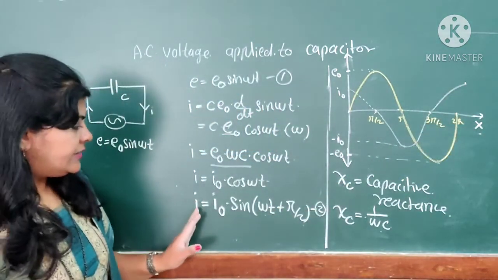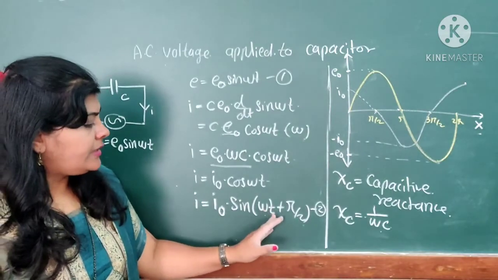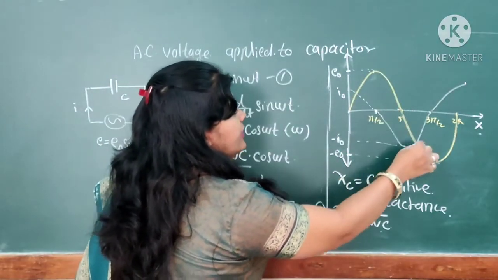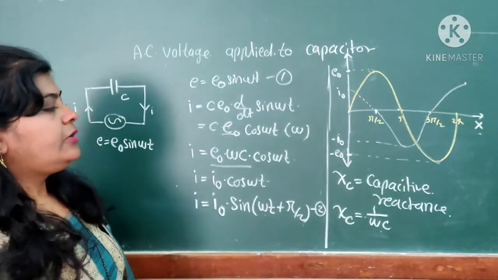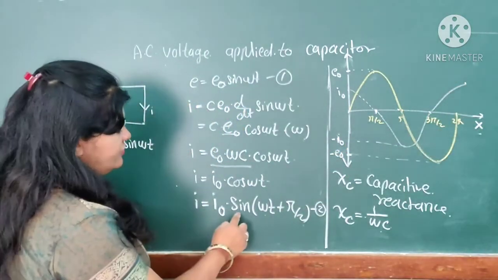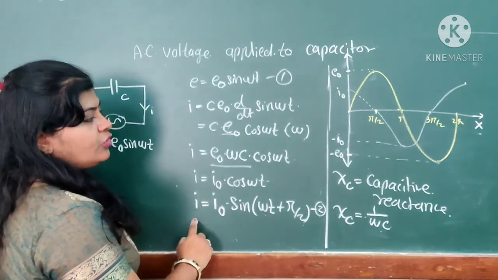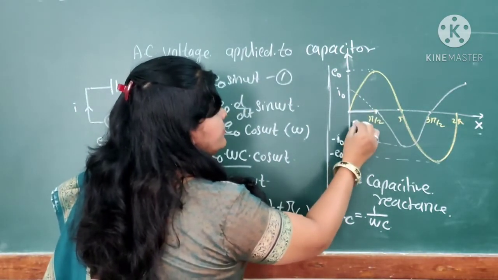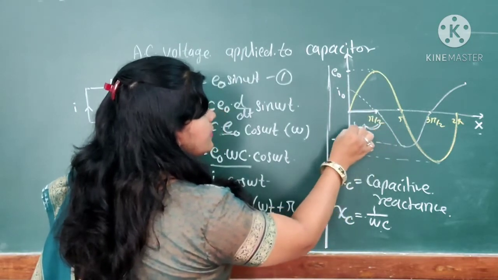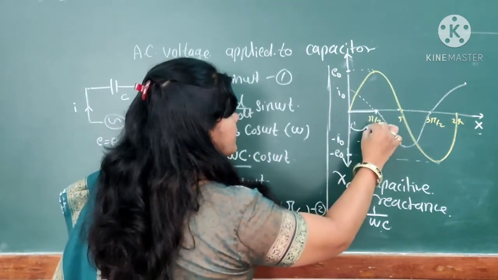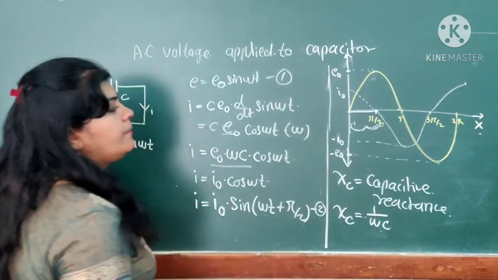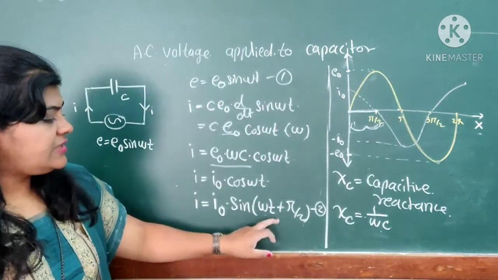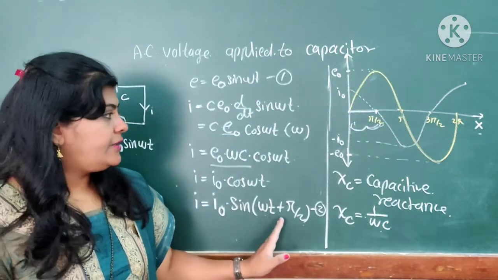Next, for the current, it shows omega t plus pi by 2, so it starts from here and alternates, and you get the sinusoidal function of the EMF and current. Here this is the difference: pi by 2 means the current and the EMF have a phase difference of pi by 2.